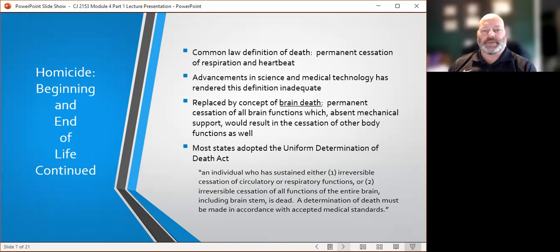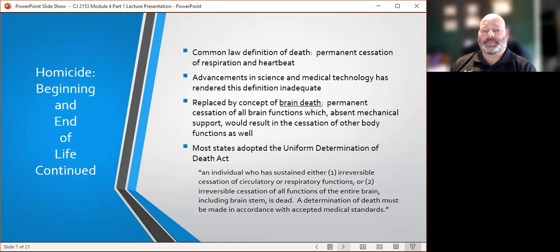Again, advancements in science and medical technology have rendered this particular definition inadequate. It's been replaced by the concept of brain death, in which there is permanent cessation of all brain functions, which absent any type of medical support would result in the body stopping all of its functions as well.